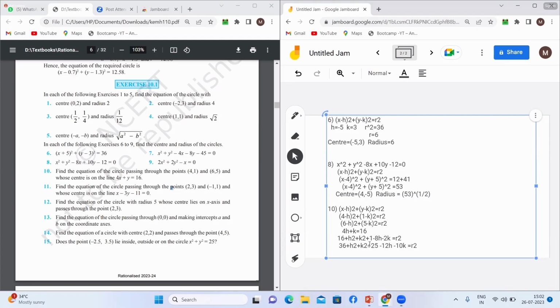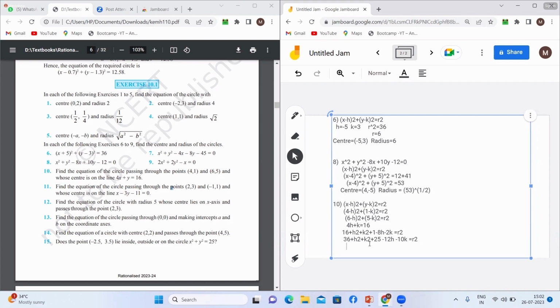Okay, so now we have three equations, three variables. We can easily solve this, just solve these three equations because we have three variables and three equations. After solving this, we will get r equal to root 10.